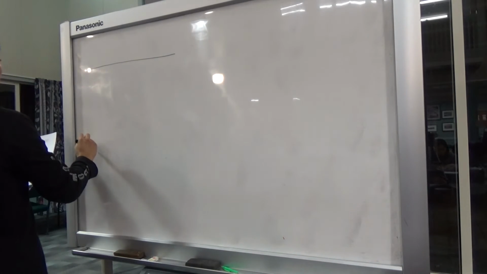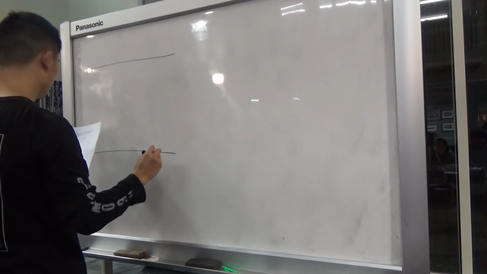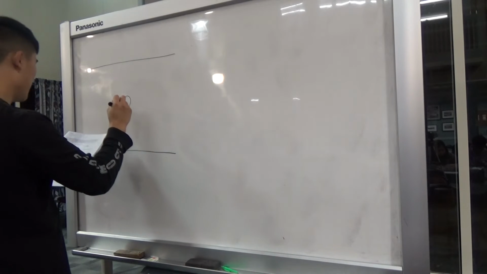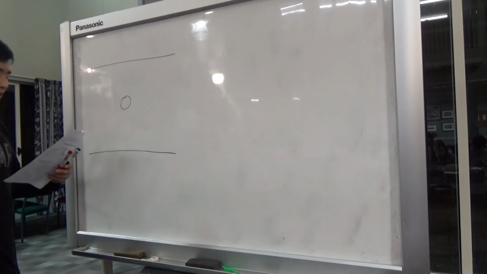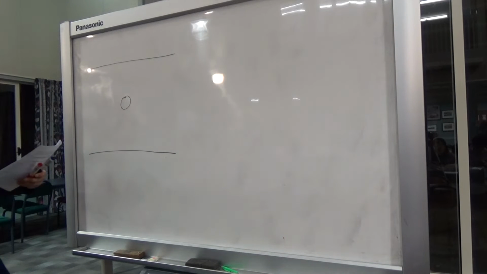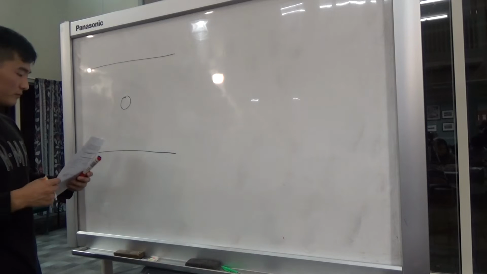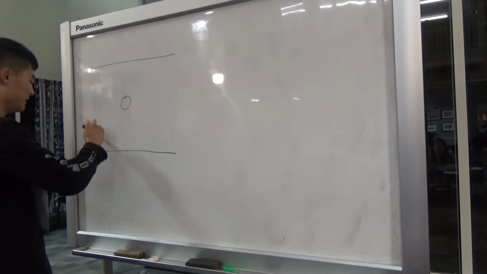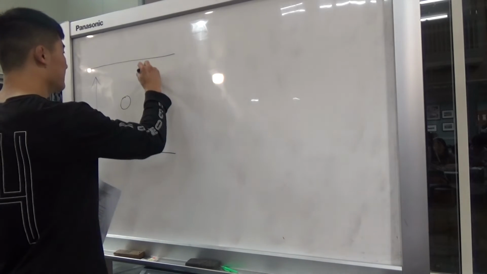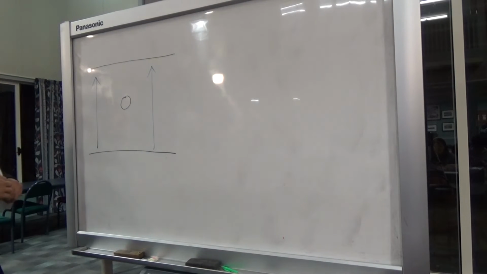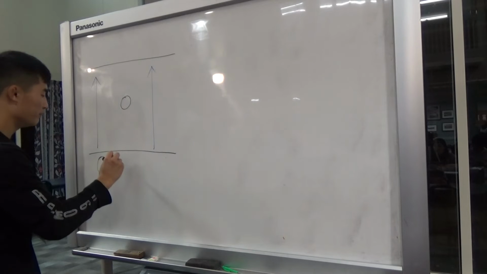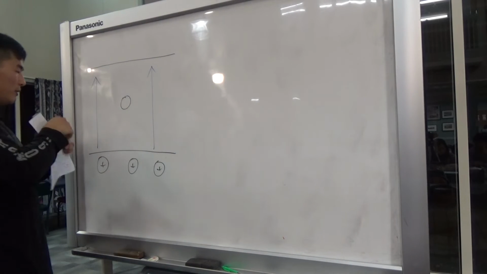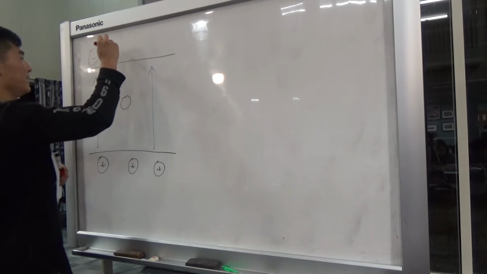So here's our top plate, and here's our bottom plate, and we have our negatively charged, we don't know it. We don't know what charge it is yet. So, and we know that the field lines are directed upwards. So that means that the bottom plate must be positive, and the top plate must be negative.